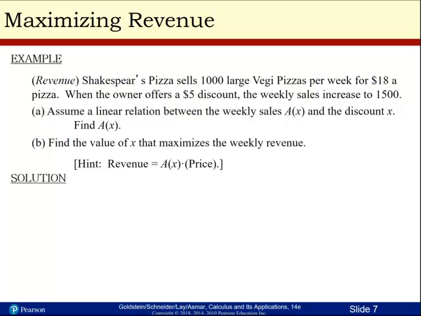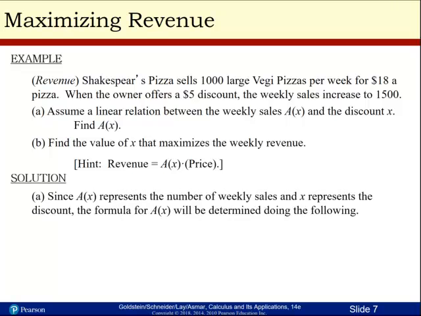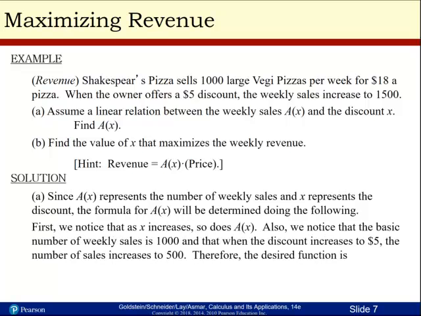Now they give us a little hint to this. Revenue equals A of X times price. So since A of X represents the number of weekly sales and X represents the discount, the formula for A of X is going to be determined by doing the following.